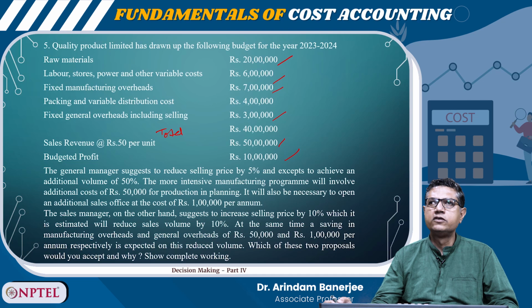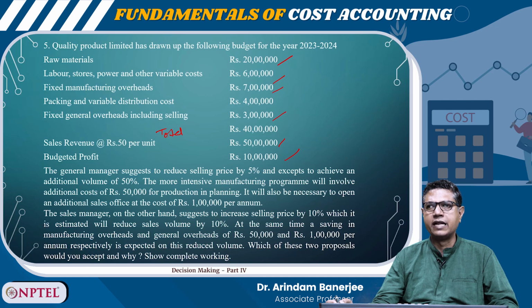Next problem is on Quality Product Limited, that has drawn up the following budget for the year 2023-2024. Raw material is 20 lakh, labor, stores, power and other variable cost rupees 6 lakh, fixed manufacturing overheads 7 lakh, packing and variable distribution cost 4 lakh, fixed general overheads including selling 3 lakh.